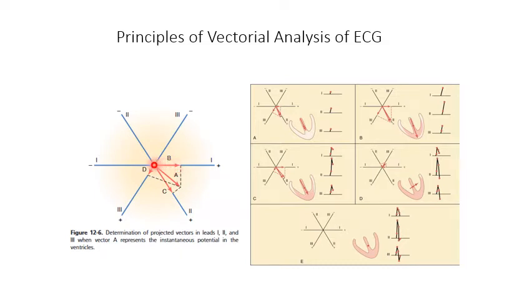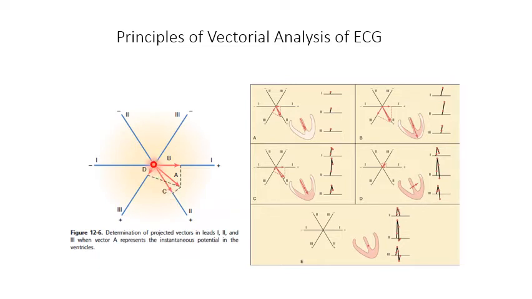And for lead 2, we also draw a perpendicular line on lead 2 from the arrowhead of the instantaneous cardiac axis. So this is the projected vector on lead 2.